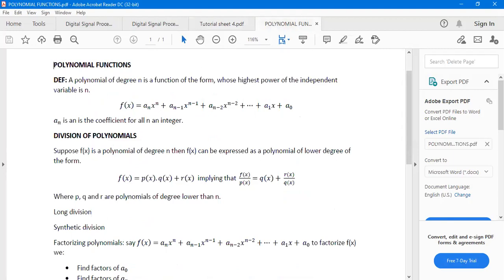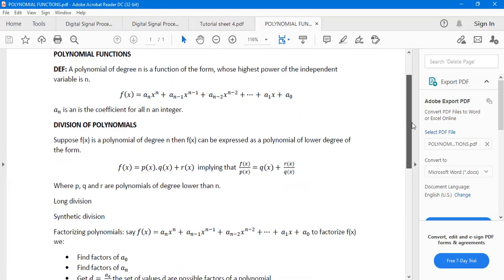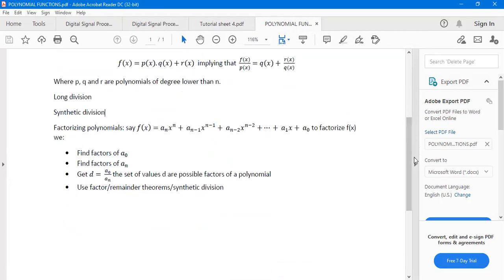So we have covered these parts. Long division, I've shown you an example. Synthetic division, I've also shown you an example. Then what about factorizing these polynomials? How do we factorize a polynomial? Say we have this particular polynomial that I gave as a definition. If you want to factorize this polynomial, first things first, these are the points that you need to follow keenly. Just follow these religiously and you'd find that it's easier to factorize a polynomial of degree n.